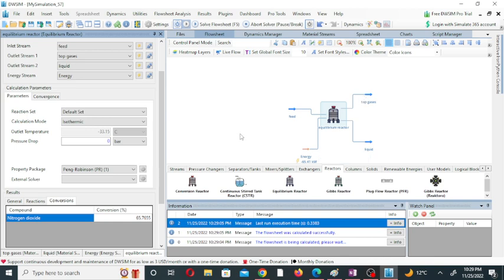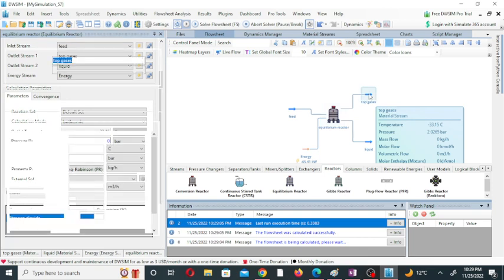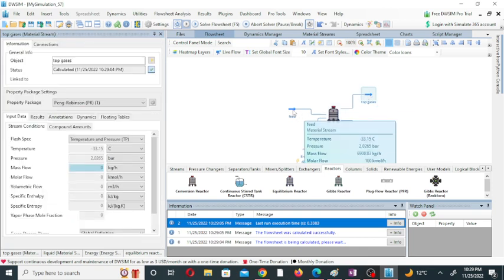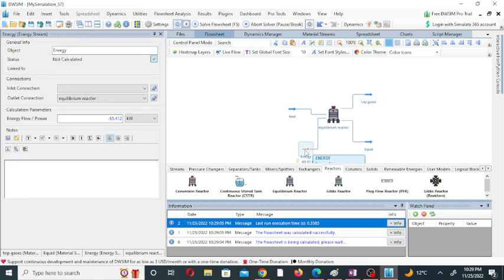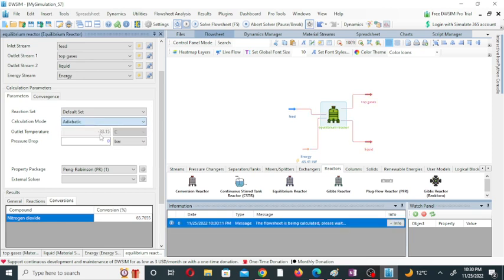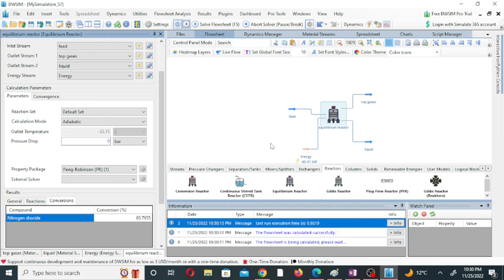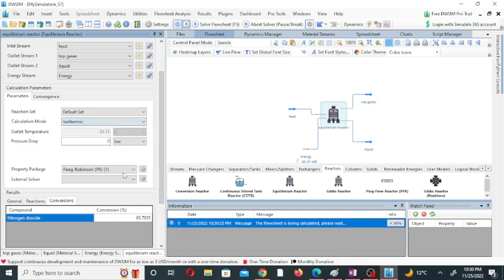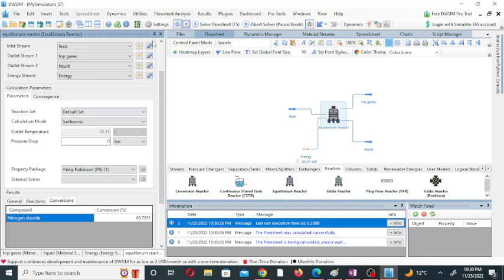Now for the adiabatic case, the top temperature and the bottom temperature. If the reactor is in the adiabatic case, this is isothermal. For the adiabatic reactor, the equilibrium conversion will be 65%, and for the isothermal reactor it will be 65.76.